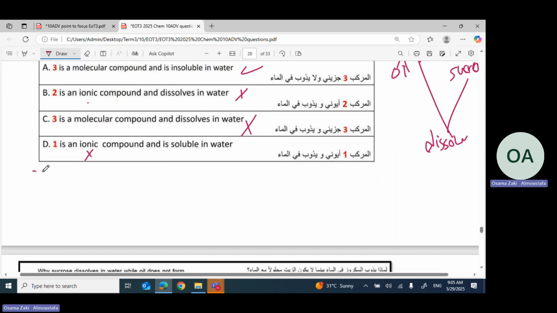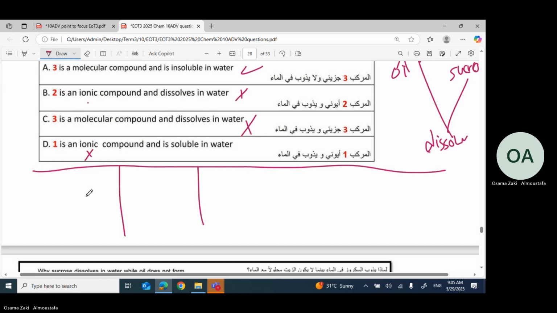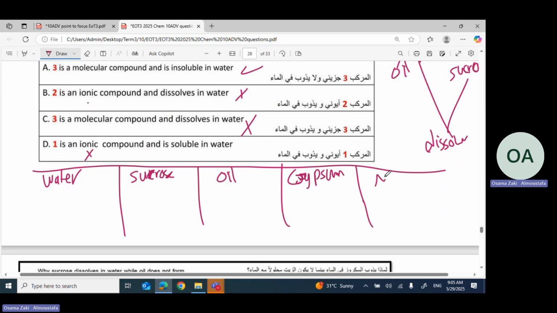I want to summarize something here. We have four substances, four chemicals: water, sucrose, oil, gypsum, and NaCl, sodium chloride, which is a salt.